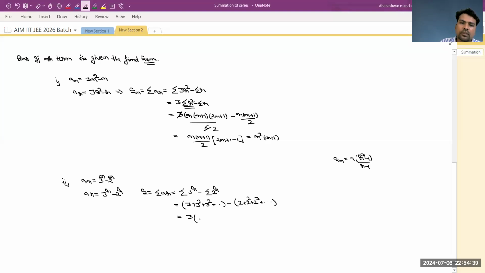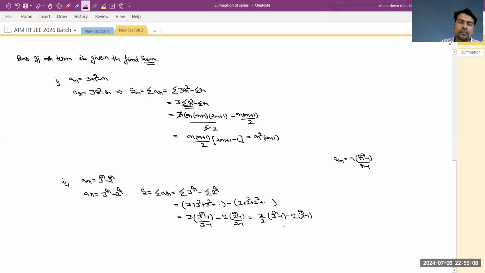Here we have 3 times 3 raised to the power n minus 1 divided by 3 minus 1, minus the corresponding term for 2.